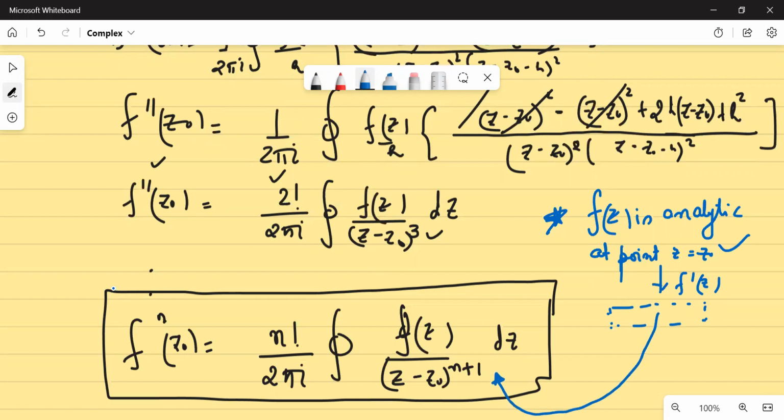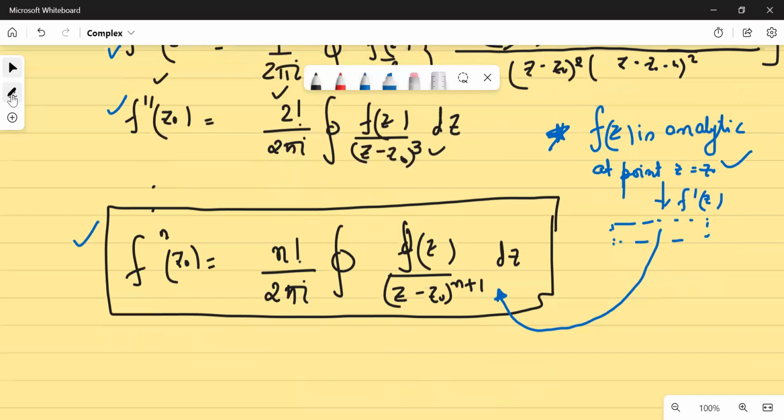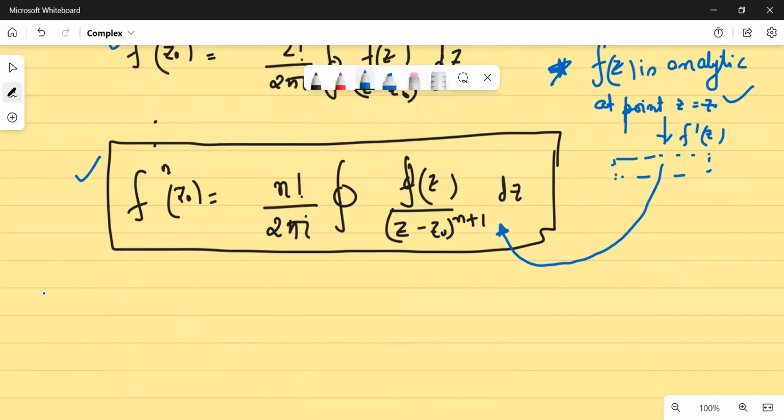So in complex analysis, you can see that if your function fz is analytic, then all the higher order derivatives are defined. Is that clear? So it is a very powerful statement.